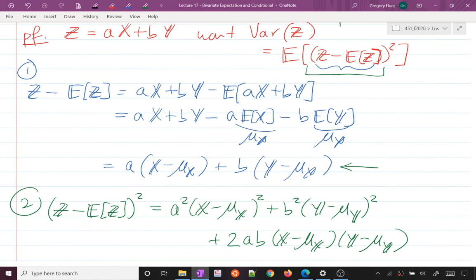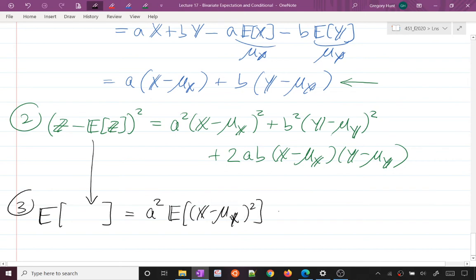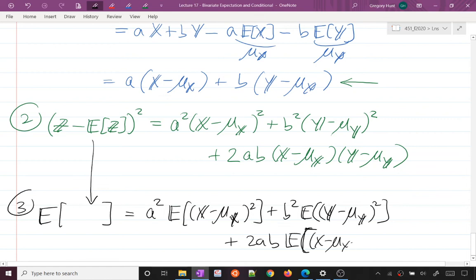So if I combine this whole thing now, let's do this in black here, I just take the expected value. So I'm going to say expected value of that thing, and expectation is linear. So I can pull out a squared times the expected value of x minus mu x squared, plus b squared times the expected value of y minus mu y quantity squared, plus 2ab times the expected value of x minus its mean times y minus its mean, close brackets.